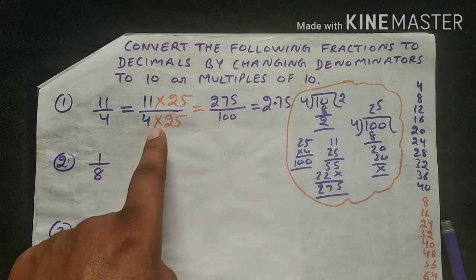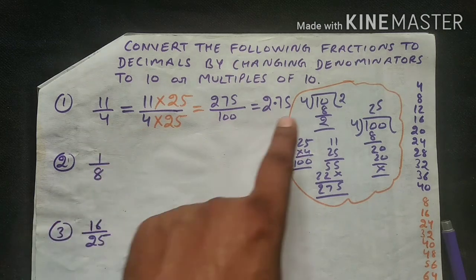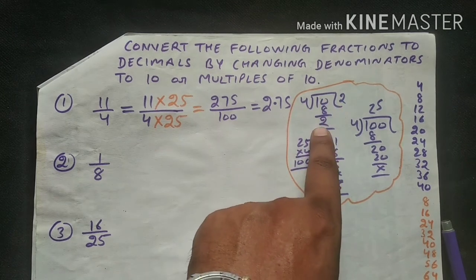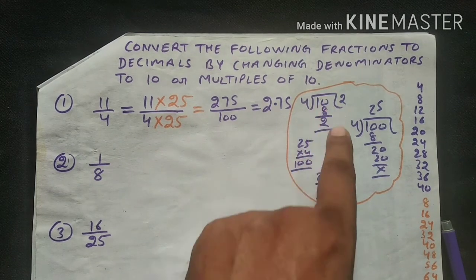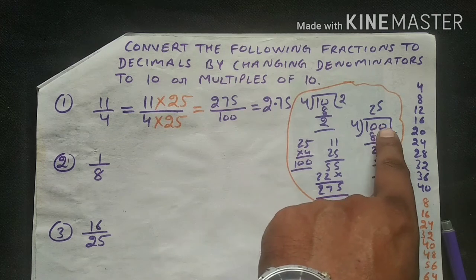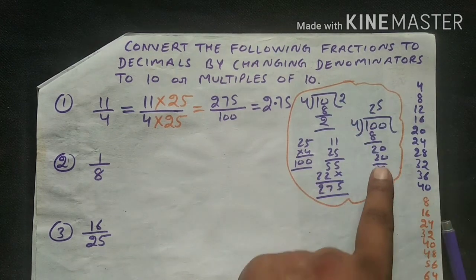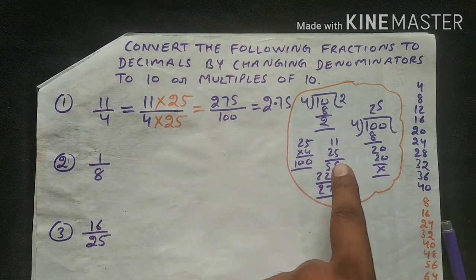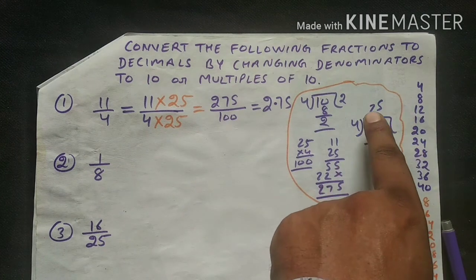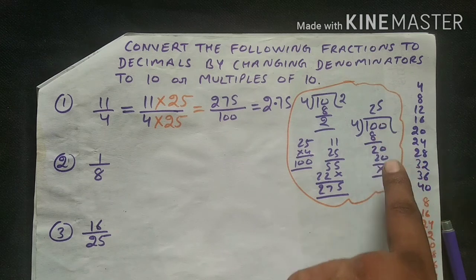Firstly, I will divide 10 by 4. This is not exactly divisible, so I leave this. Then after 10, what is the number? 100. Then I divide 100 by 4. I got my answer 25, because 25 is the exact quotient there.